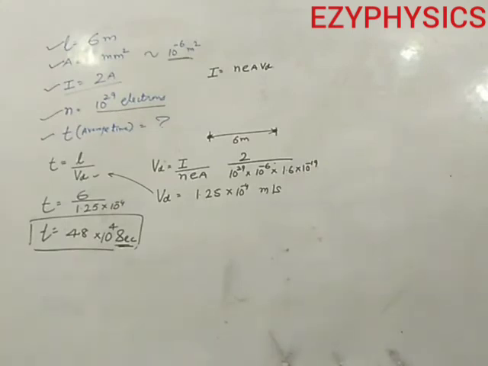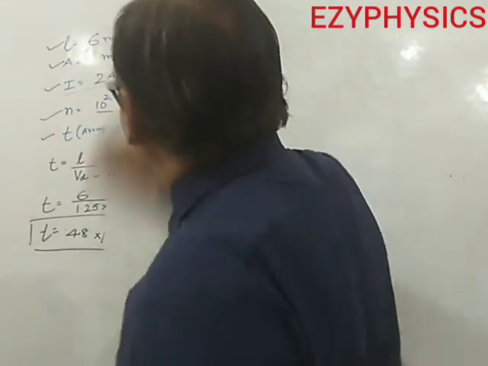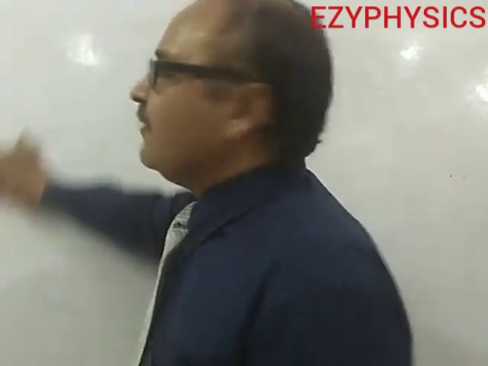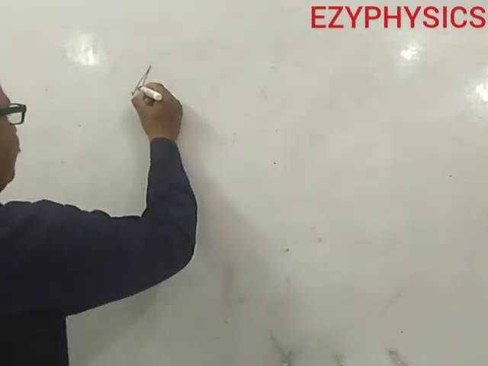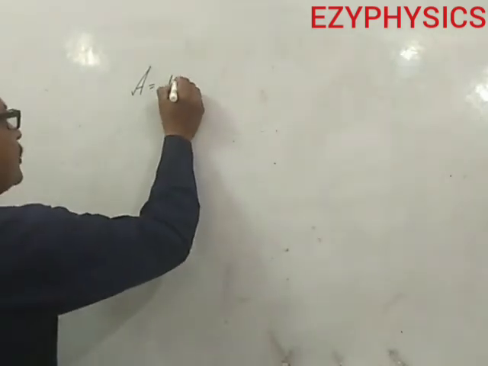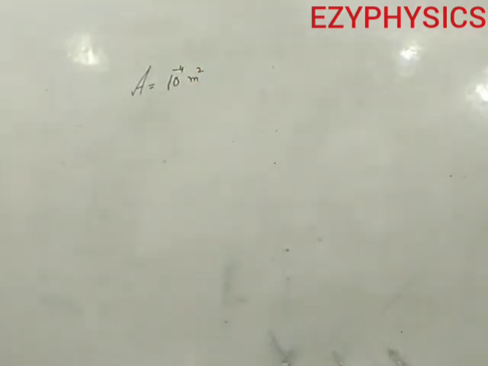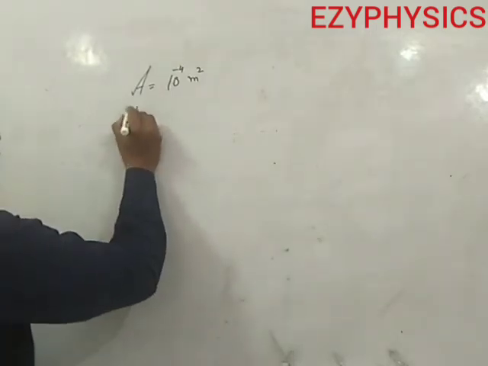So now I will read one more question for you so that you can develop a little confidence in that and then we can proceed further. A conductor with an area of cross section 10 raised to the power minus 4 meter square carries a current of 1.2 amperes.